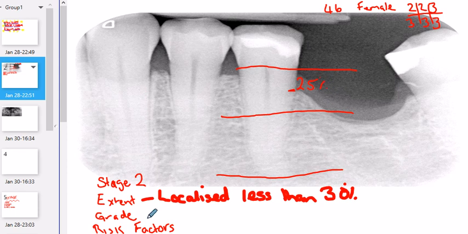For our grade, we take our percentage bone loss and divide it by our age, which is 46. Okay, 25% bone loss.